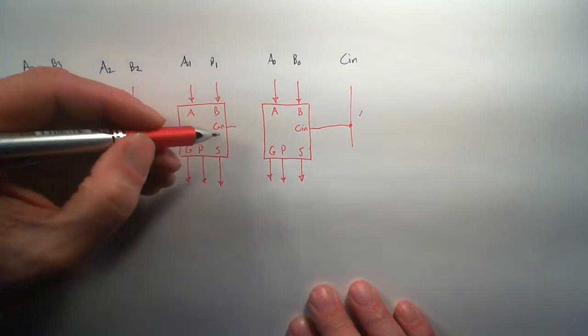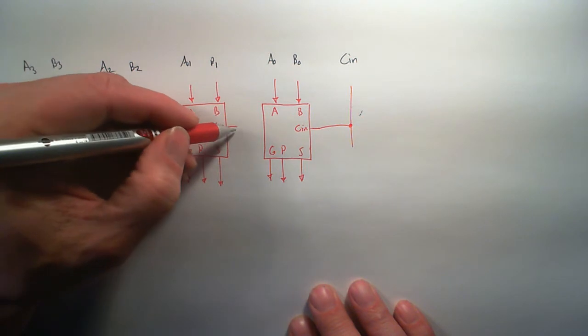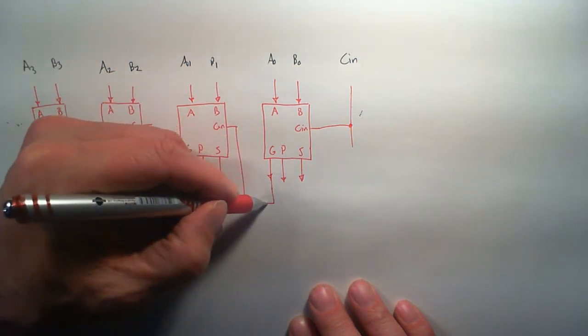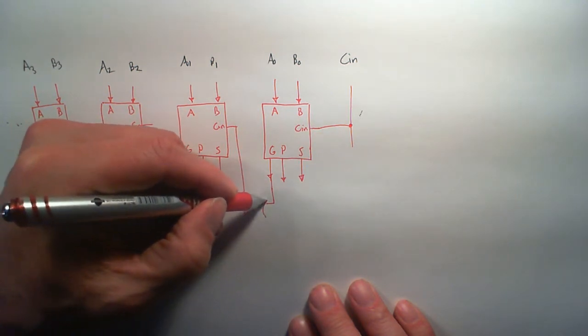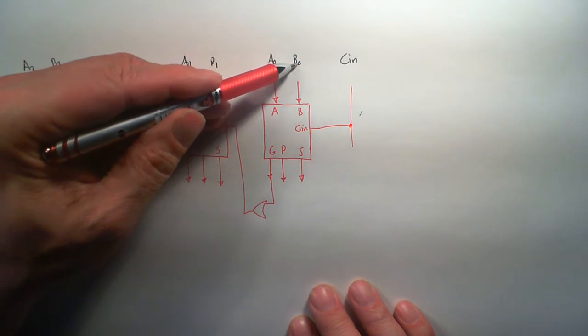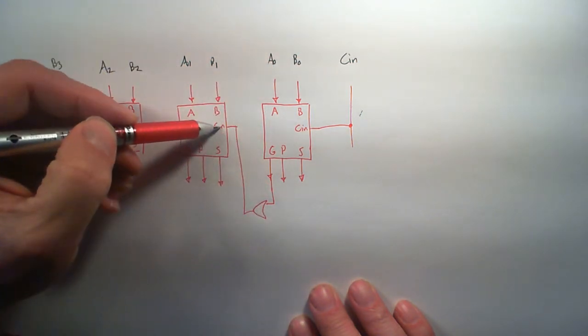So I know that this carry in, based on our discussion, is going to be driven to a 1 if I generate a carry from the previous stage. So I'm going to show an OR gate there. So now if this is a 1 and this is a 1, I'm going to drive generate to a 1, and that's going to drive a carry in.